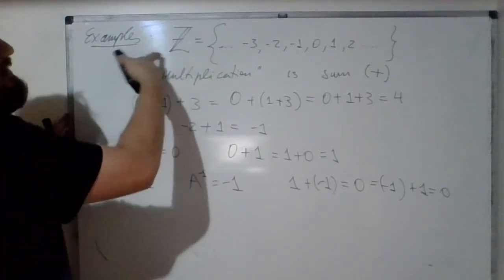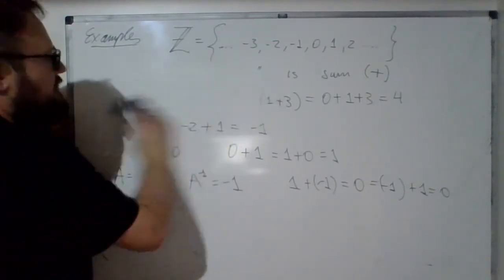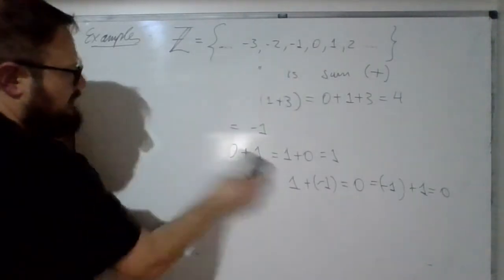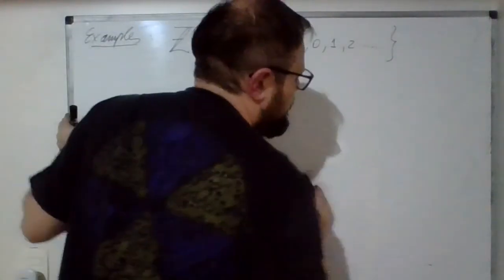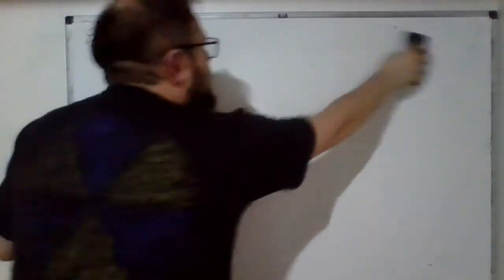The example is the integers under multiplication, under sum, right? As the multiplication operation, a very famous example of an abelian group.